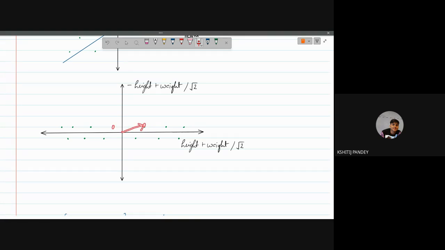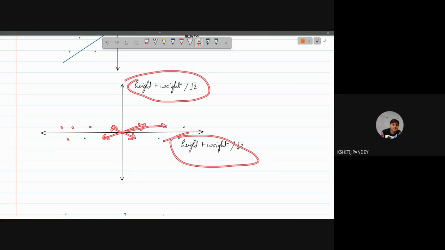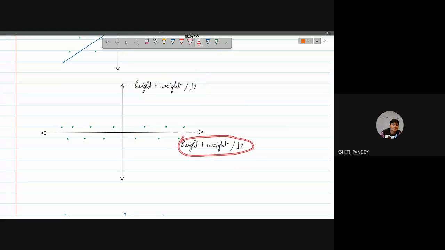So these points are nothing but error vectors in this coordinate system, where your x-axis represents this and y-axis represents this. Now you have the data points. Now again, you will find the best fit line for these data points to capture information out of them.